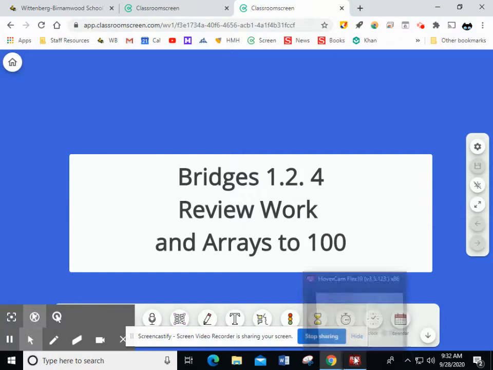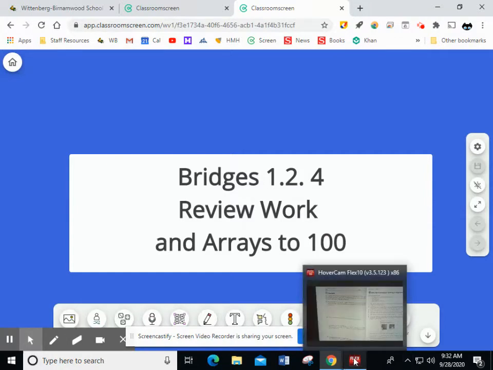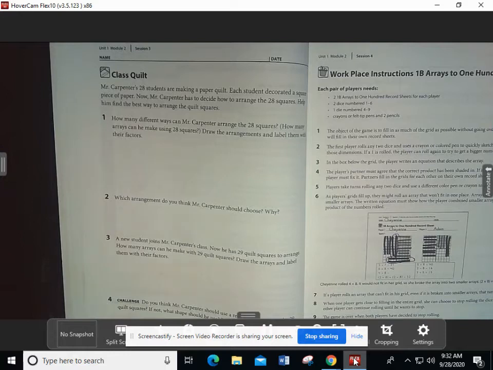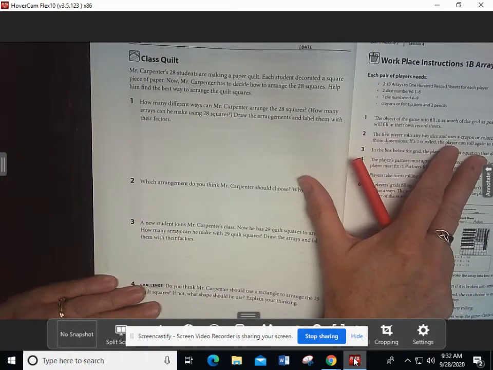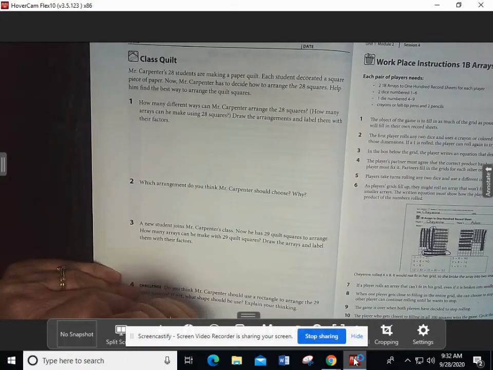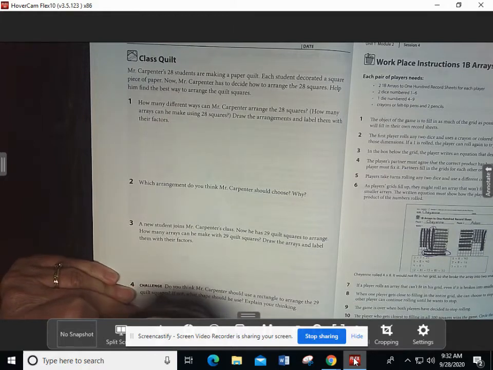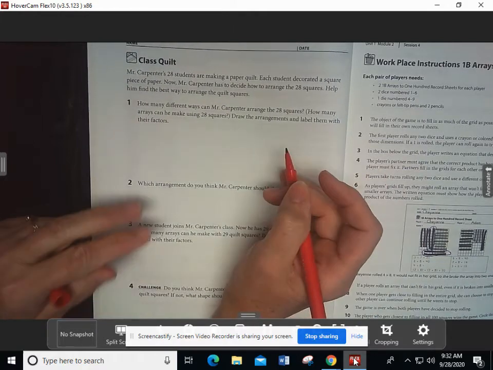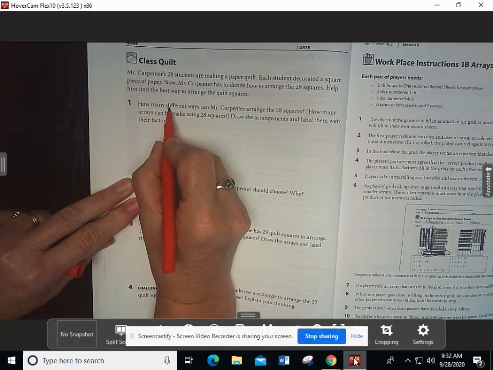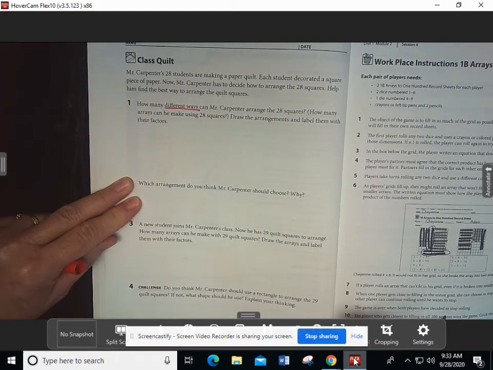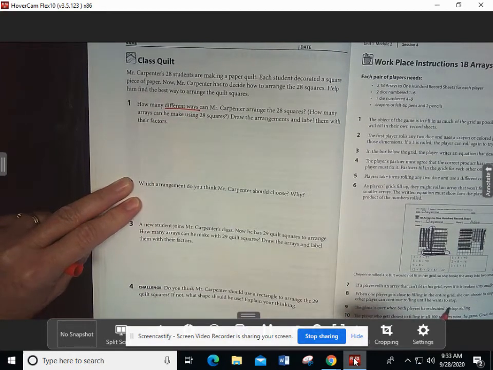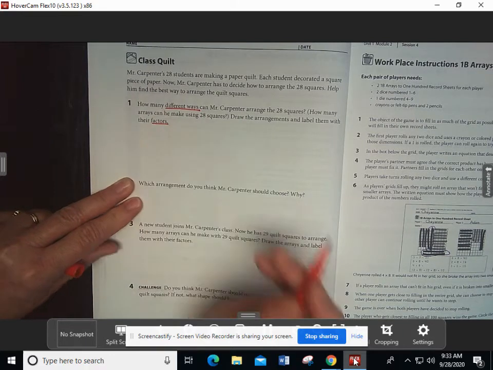Hello, everyone. We are back. We've taken a little time to do some work. We're back to our workbook, and I'm going to do a hint right now before we actually discuss. Remember, if we're looking for the different ways, and we're supposed to be finding the factors.